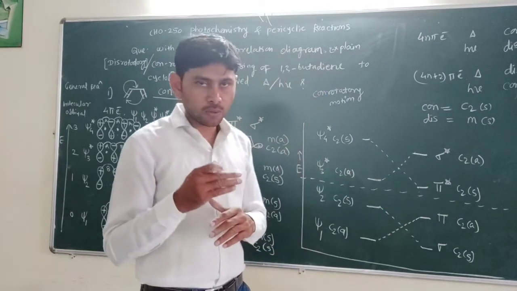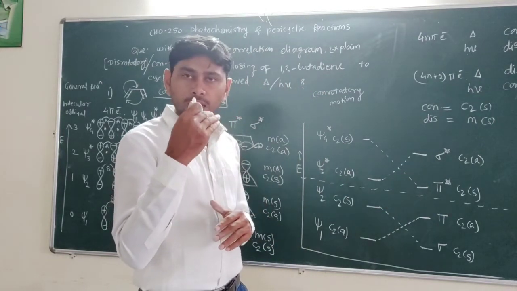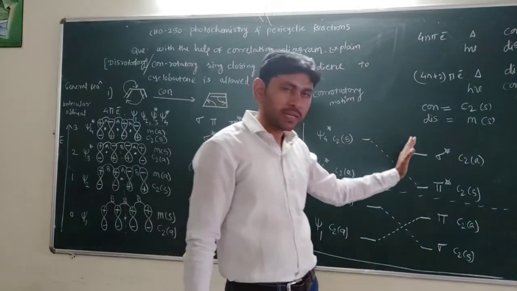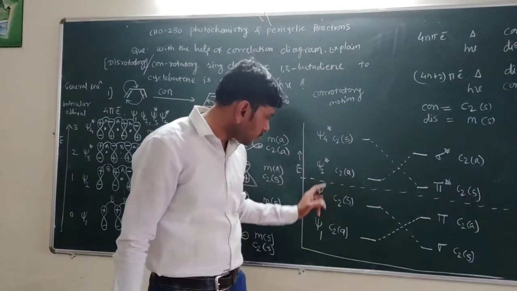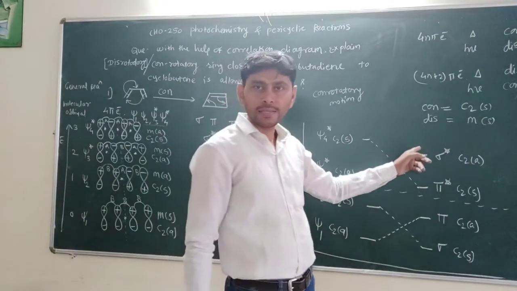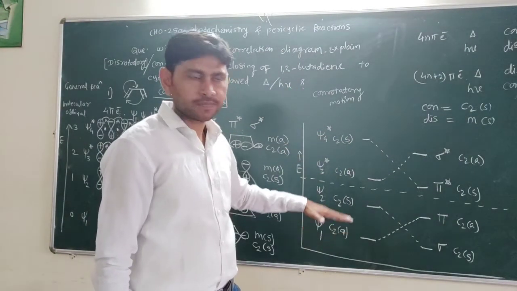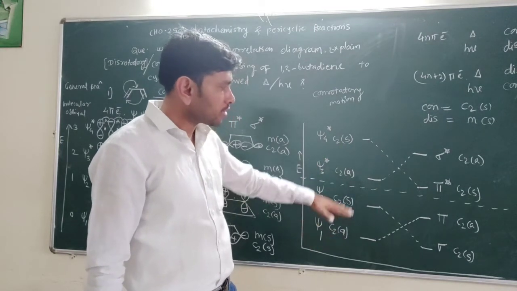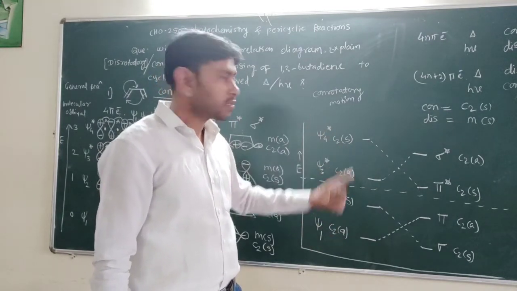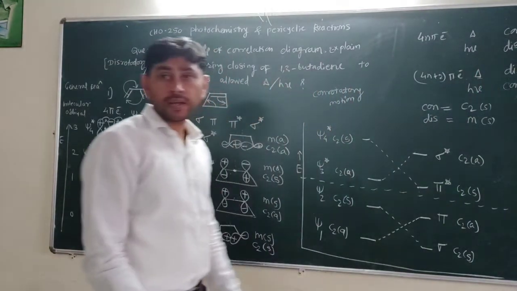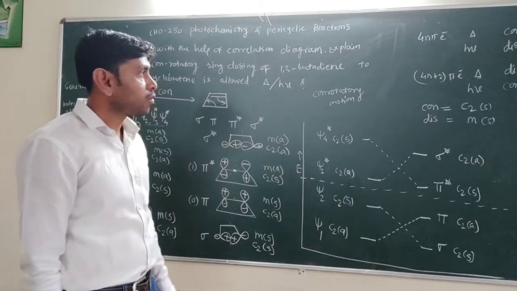That means there is a correlation between ground state and ground state, and excited state and excited state. No correlation of ground state to excited state. And if there is a correlation only between ground states, and not between ground state and excited state, then such a reaction is thermally allowed.